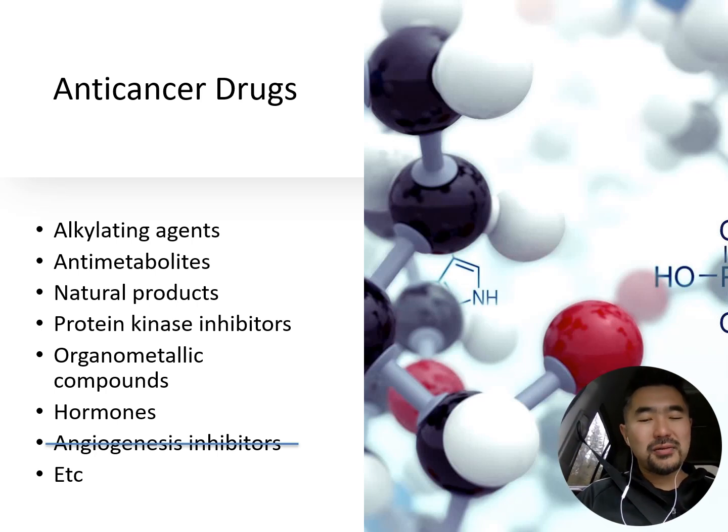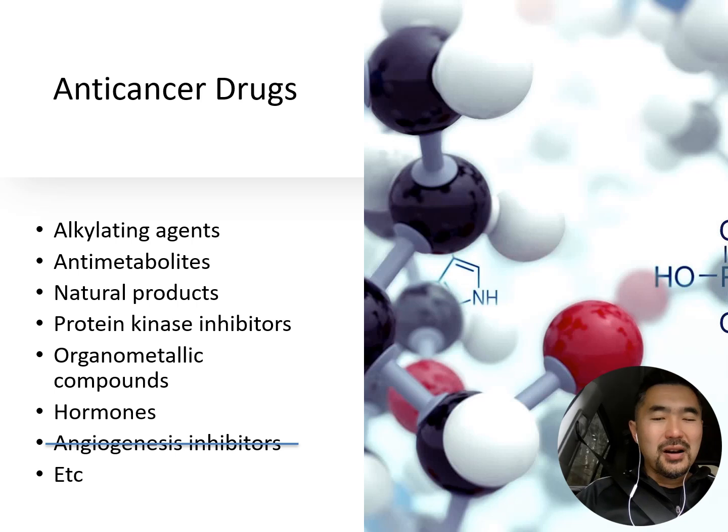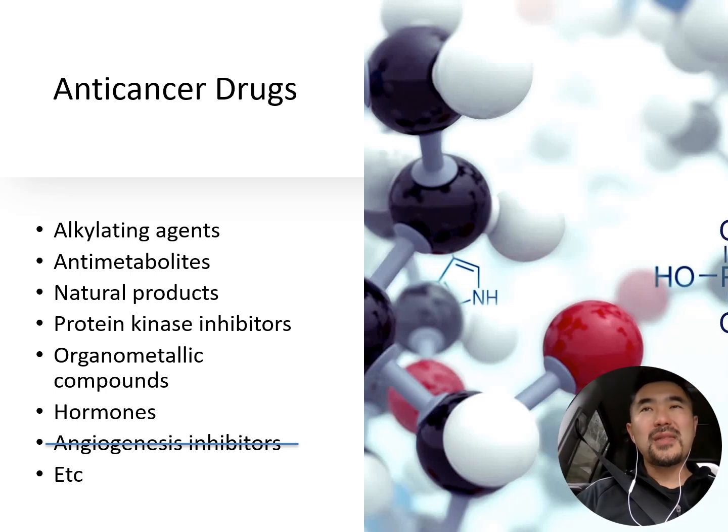And then we also want to talk about angiogenesis inhibitors, mainly because that used to be kind of a major thing maybe 10, 15 years ago. But in the last 10 years or so, we've learned that angiogenesis inhibitors actually have sort of the opposite effect on cancer.